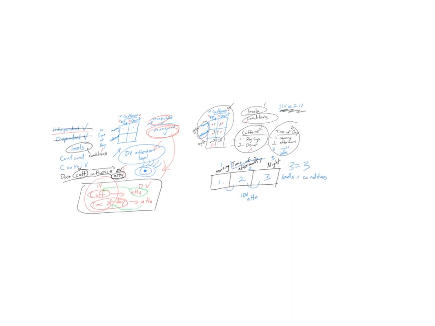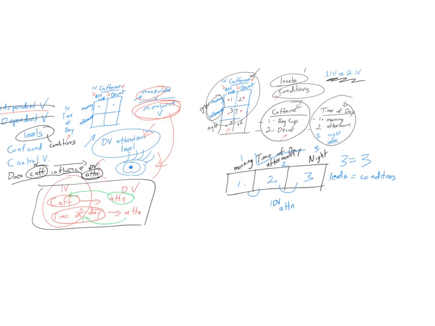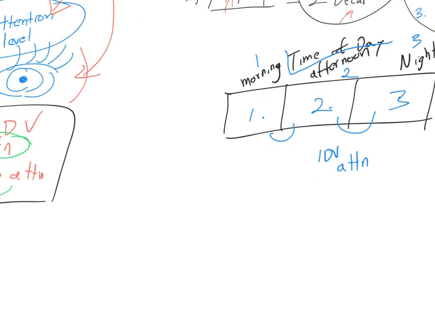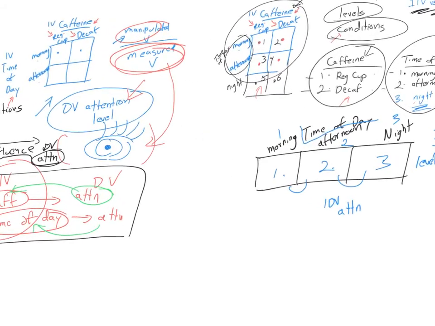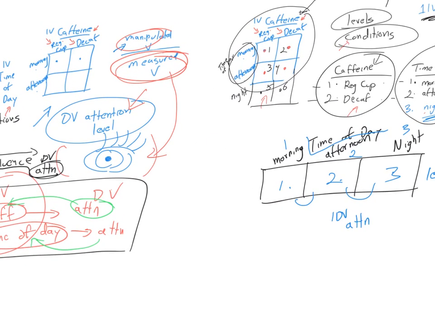So let's see. Okay, so I have levels, I have conditions. Now, confound and control variable. Okay, so confound and control variable. This one is actually not as related to all this, but I can work off of this example. Let me copy and paste this example really quickly.